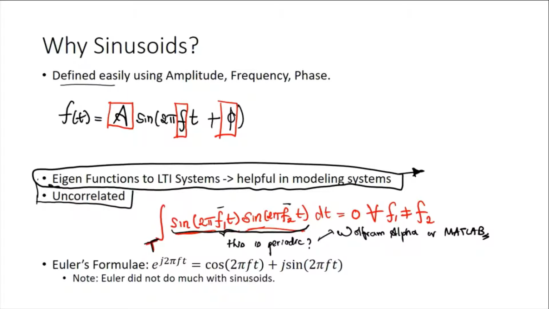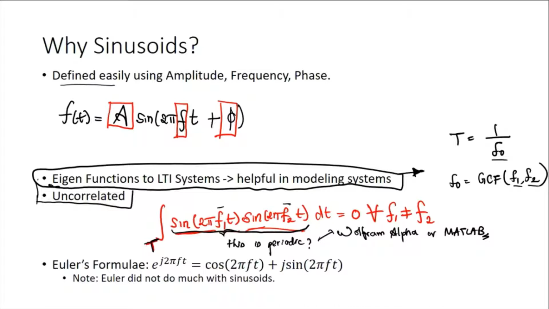One hint: the period is going to be 1 over f naught, where f naught is the greatest common factor of f1 comma f2. Now if there are fractions, multiply and divide by tens.